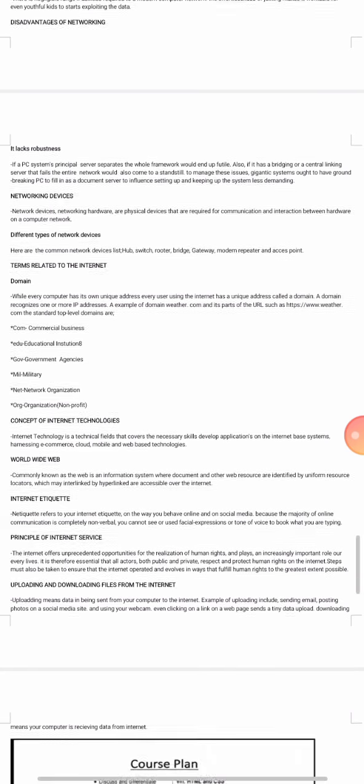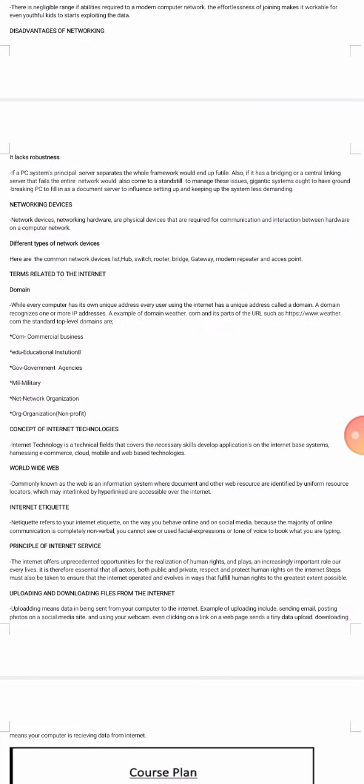Concept of Internet technologies. Internet technologies is a technical field that covers the necessary skills to develop applications based on Internet-based concepts and systems, harnessing e-commerce, cloud, mobile, and web-based technologies.